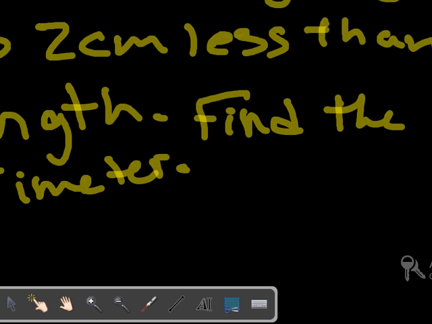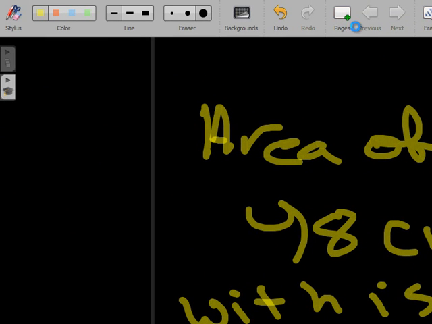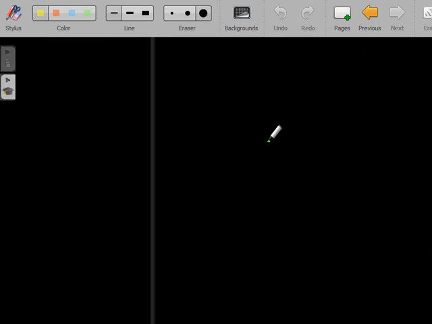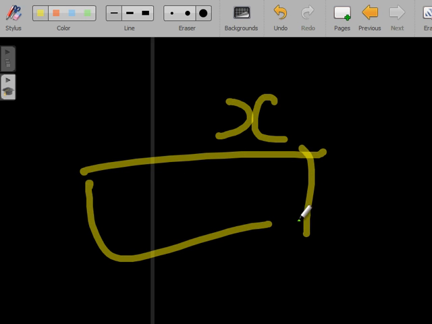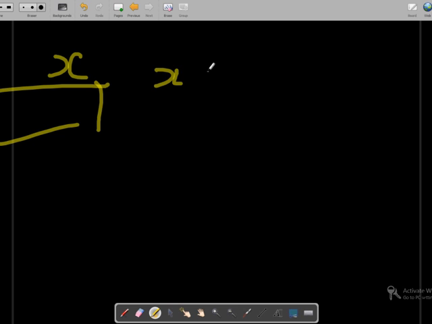So this is a tricky question. The area of the rectangle is 48 centimeters squared. The width of the rectangle is 2 centimeters less than the length. Find the perimeter of the rectangle. So let x be the length. Here will be a rectangle, and the width will be x minus 2. So we can write this as x times (x minus 2) equal to 48.